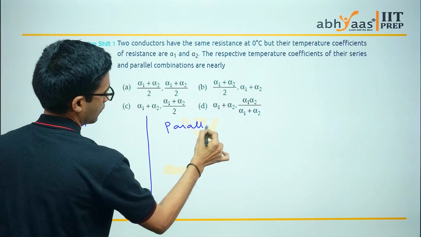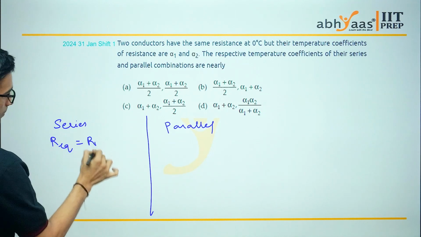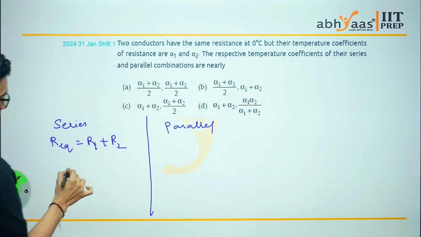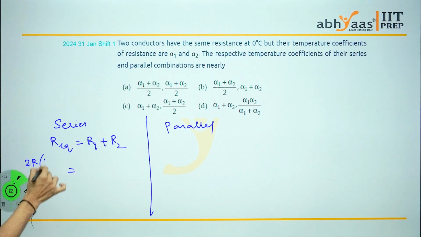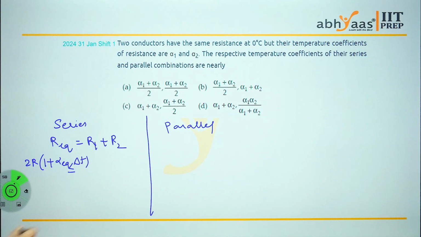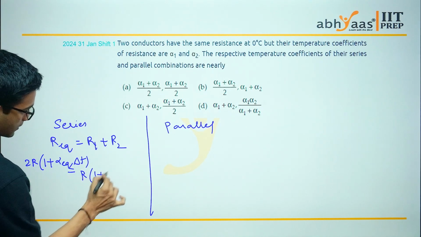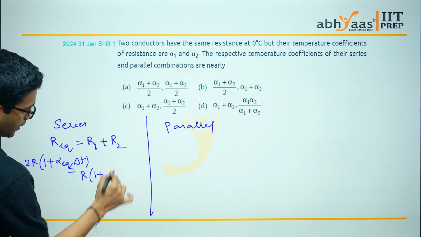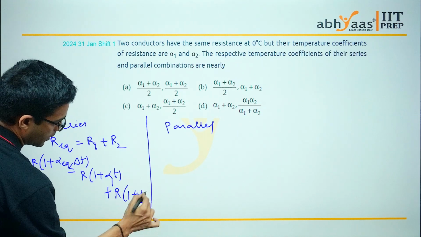In series, R equivalent is equal to R1 plus R2, which is 2R. So 2R into 1 plus alpha equivalent delta T is equal to R into 1 plus alpha 1 into T plus R into 1 plus alpha 2 into T.